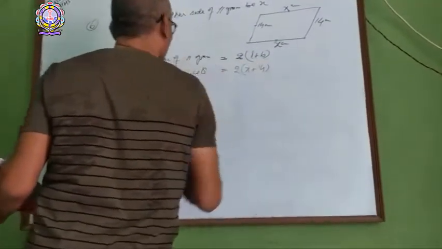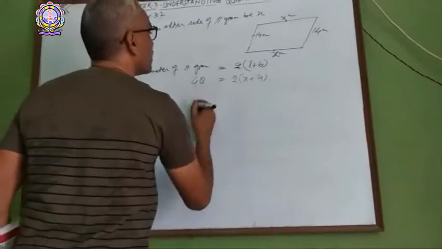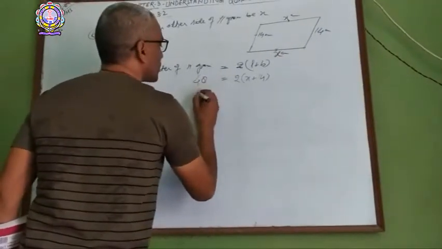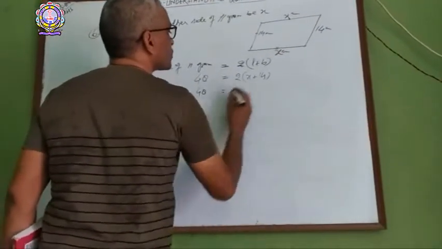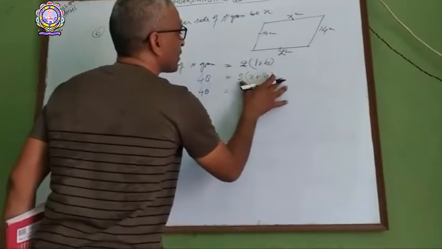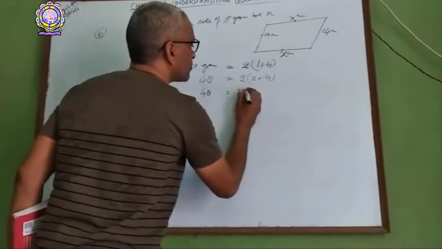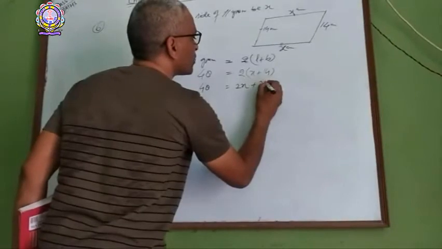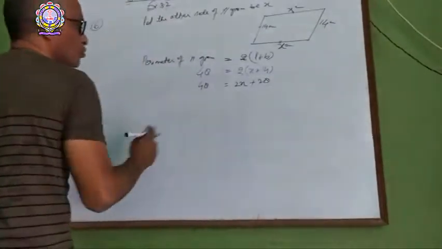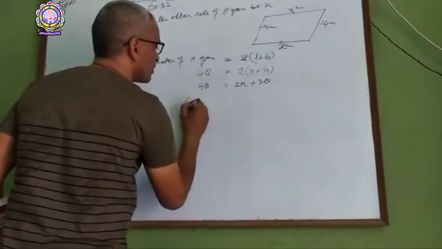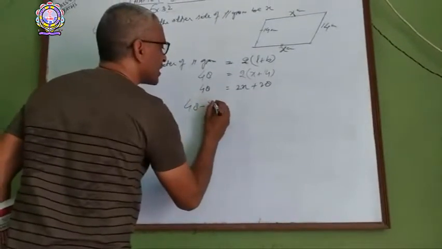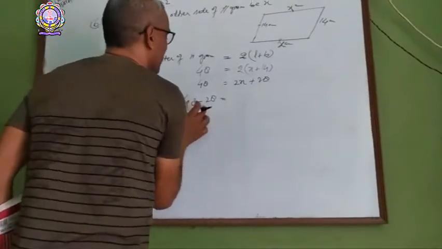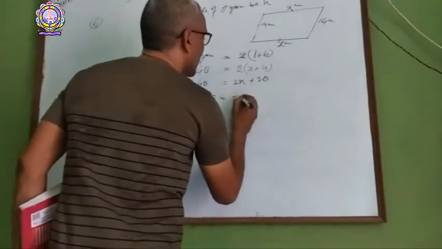Now calculate x from this equation. 2 can be multiplied. This must be 2x plus 28, and when 28 is transposed to the left hand side, this will subtract from 48.